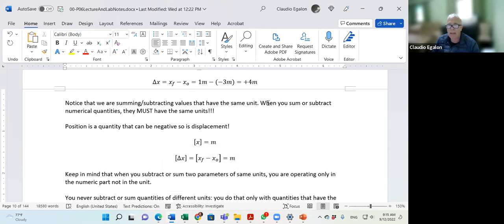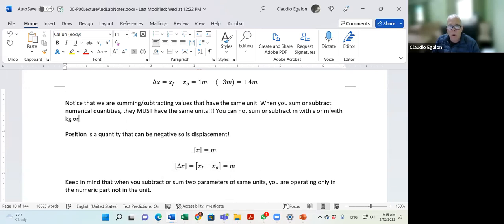Remember that, okay? You cannot sum or subtract meters with seconds, or meters with kilograms, or seconds with kilograms. Do you get the idea?